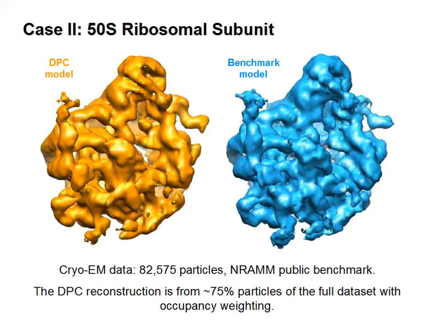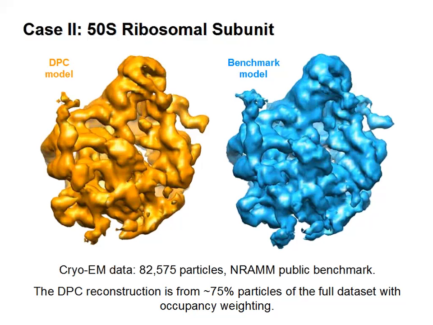And also, in the DPC reconstruction, there is occupancy weighting. Remember that each original particle image can have multiple identities. So if one image has entered into 3 classes, then at angular reconstitution, it might receive 3 different orientation assignments. With this, each orientation will be assigned 1/3 of occupancy.